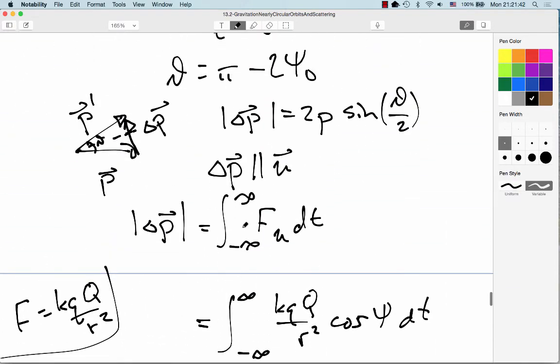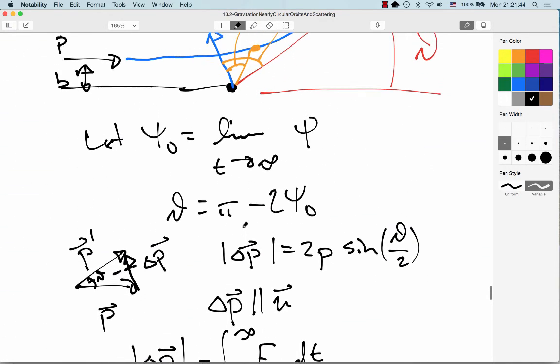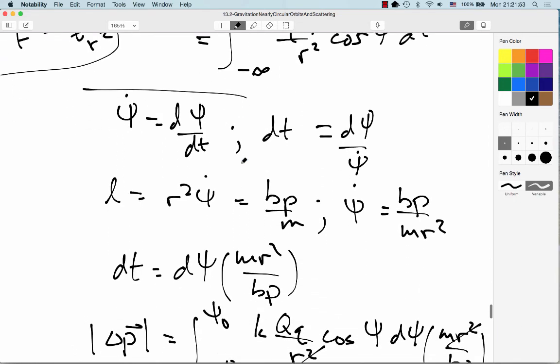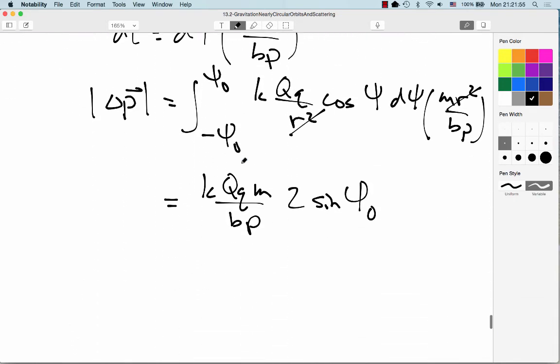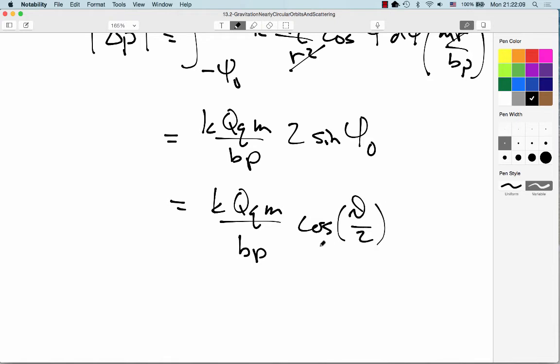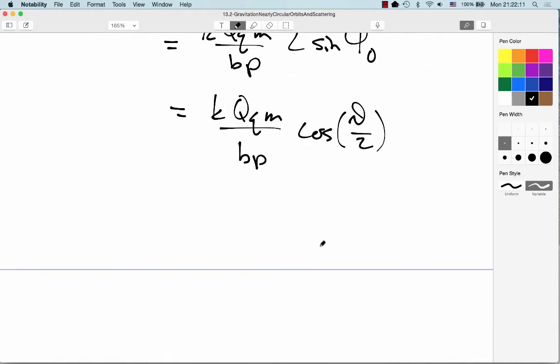But we worked that out from before. We know that 2 psi naught is going to be equal to pi minus theta. And so if you're good with your trig identities, that becomes kqqm over bp times the cosine of the half angle, half the scattering angle.